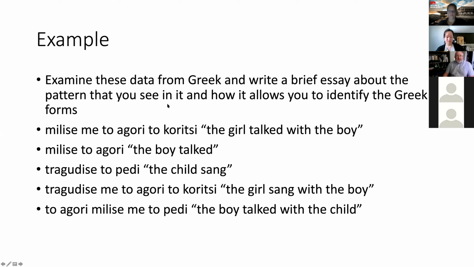So this is a good example of what kind of work I ask my students to do, even if they've had no extensive linguistic experience before, is to look at this very small set of Greek data and try to figure out what each word means by starting off by finding the one and only minimal pair that exists here and using it to figure out word by word.